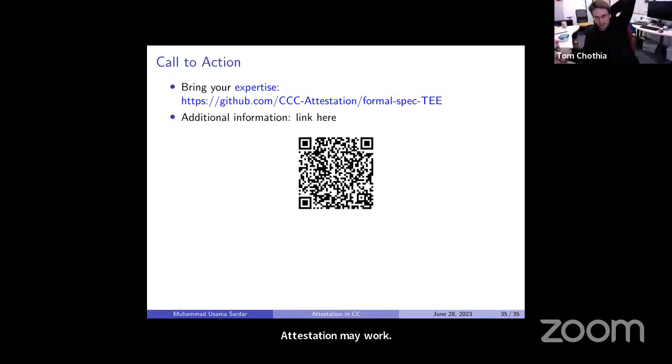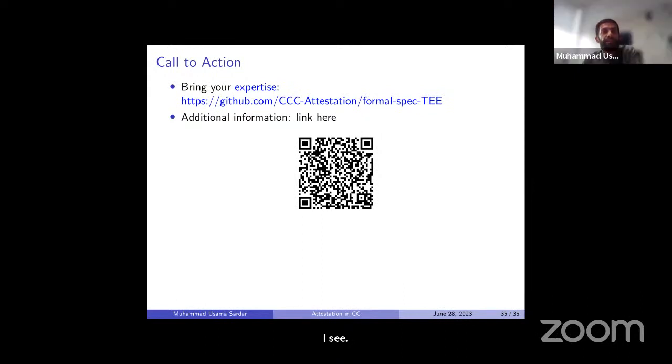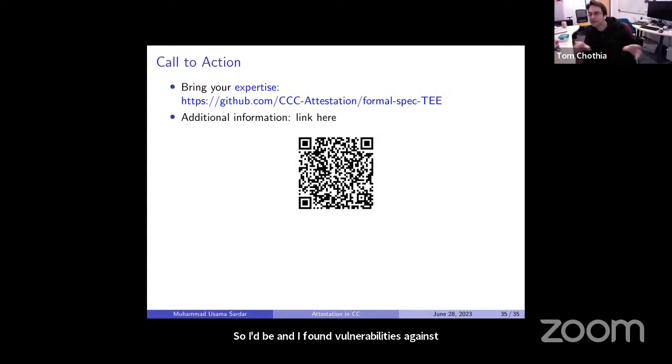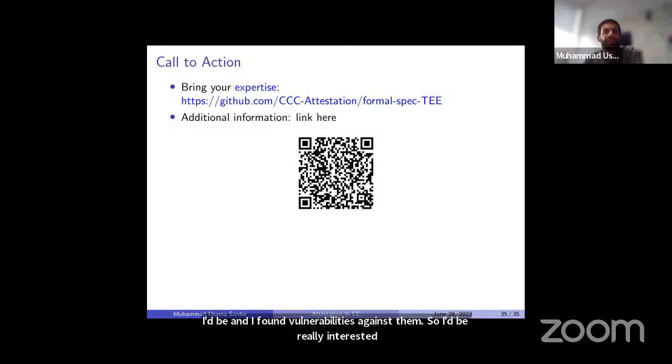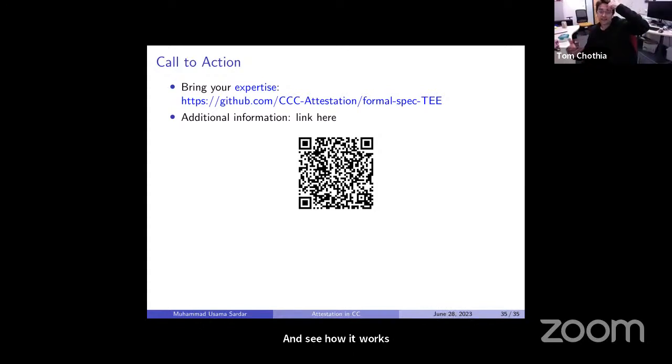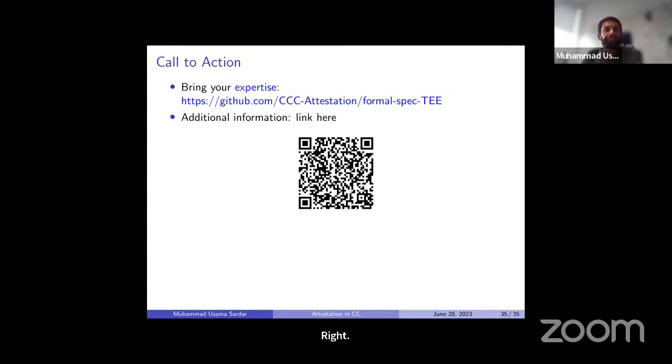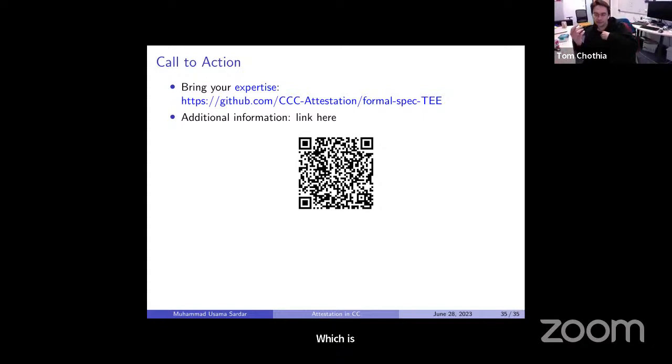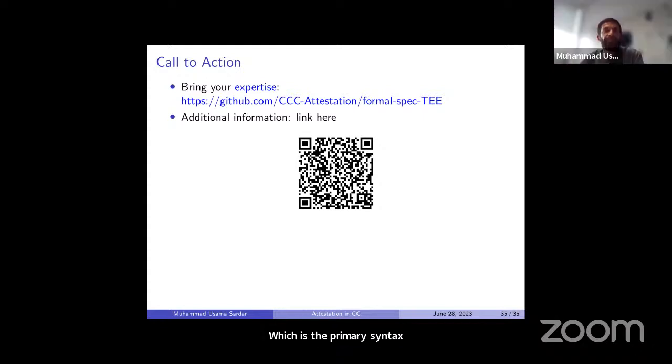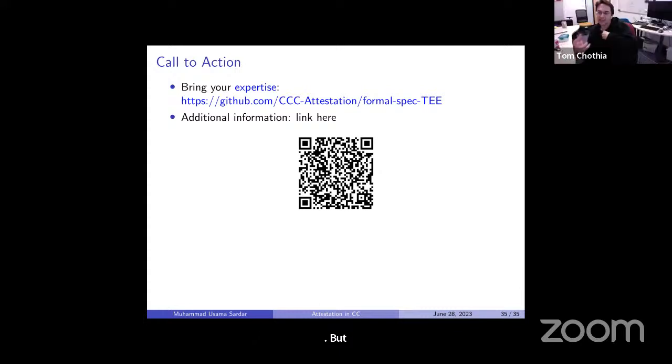I've just done a formal analysis of both of those, and I've found vulnerabilities in them. So I'd be really interested to compare and see how it works. In the attestation framework of Samsung Knox v2 there are errors. We did our analysis in SAPIC, which is the ProVerif syntax, but using the back end of Tamarin, because we wanted the time feature to ask whether the attestation is fresh.